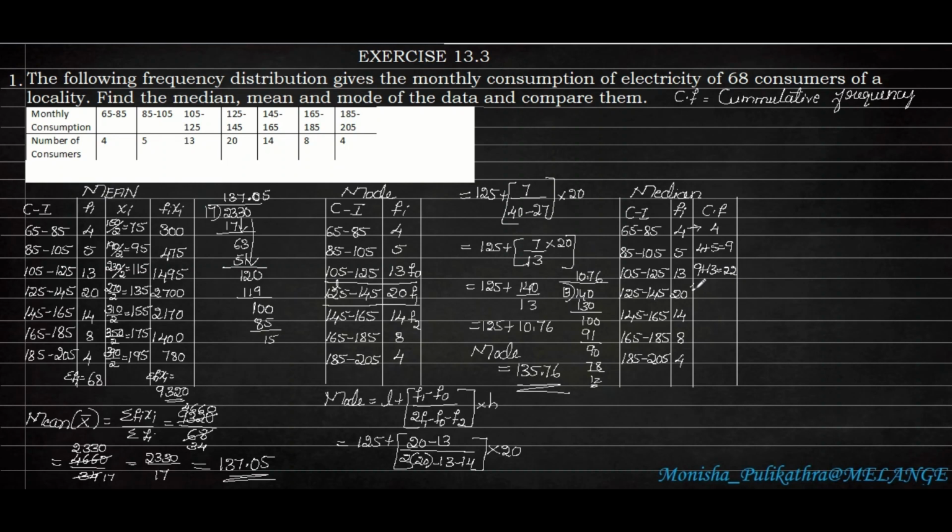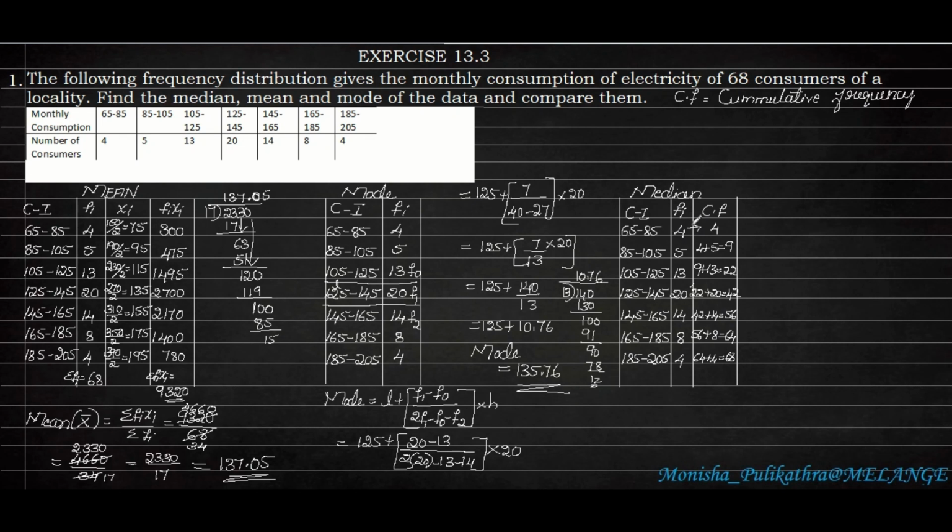Again the answer we got, that is 22 plus 20, is 42. Next is 42 plus 14 is equal to 56. Next 56 plus 8 is equal to 64. Next 64 plus 4 is equal to 68. So like this we have to calculate the cumulative frequency.